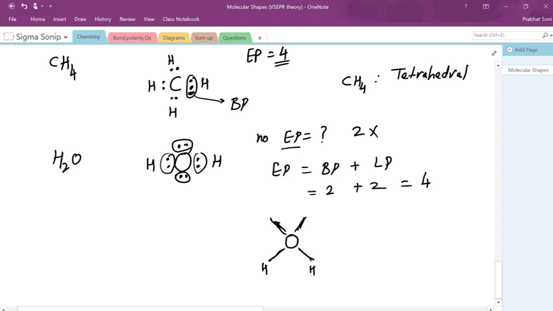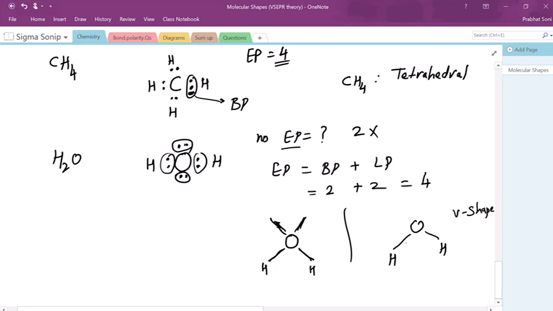When we look at the molecular shape, we are not interested in looking at these electrons. What we actually see in a microscope or other way of seeing molecules is only the atoms. So when we look at this water molecule, it looks like this, and we call it V shape. So the water molecule is V shape.